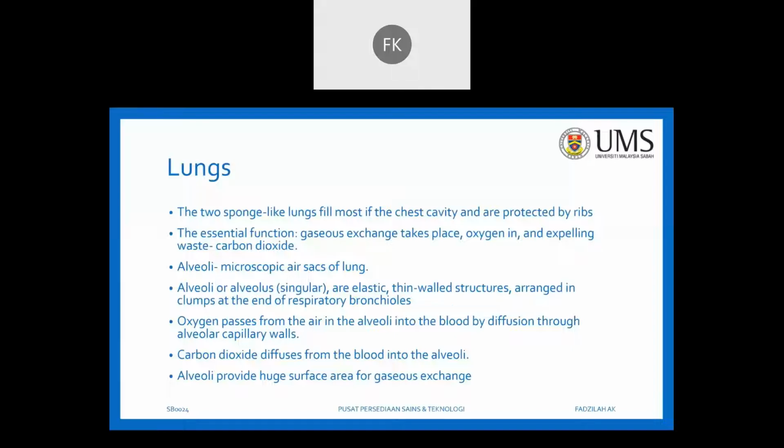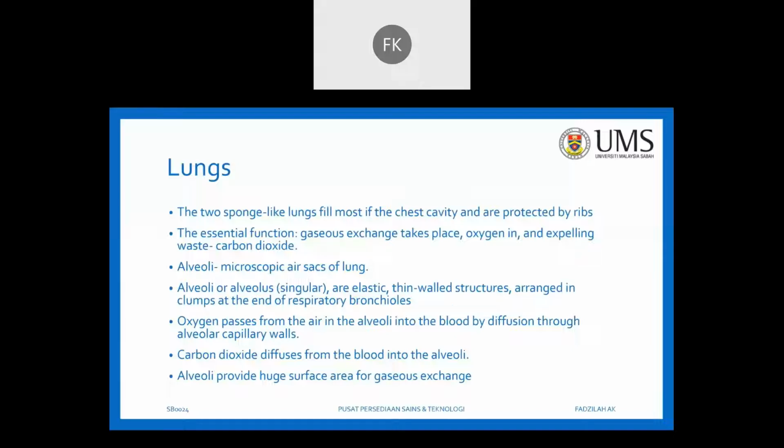Alveoli, like I said before, are the air sacs inside the lung where the gas exchange happens. Alveoli provide a huge surface area for gas exchange. Oxygen passes from the air into the alveoli and into the blood by diffusion.